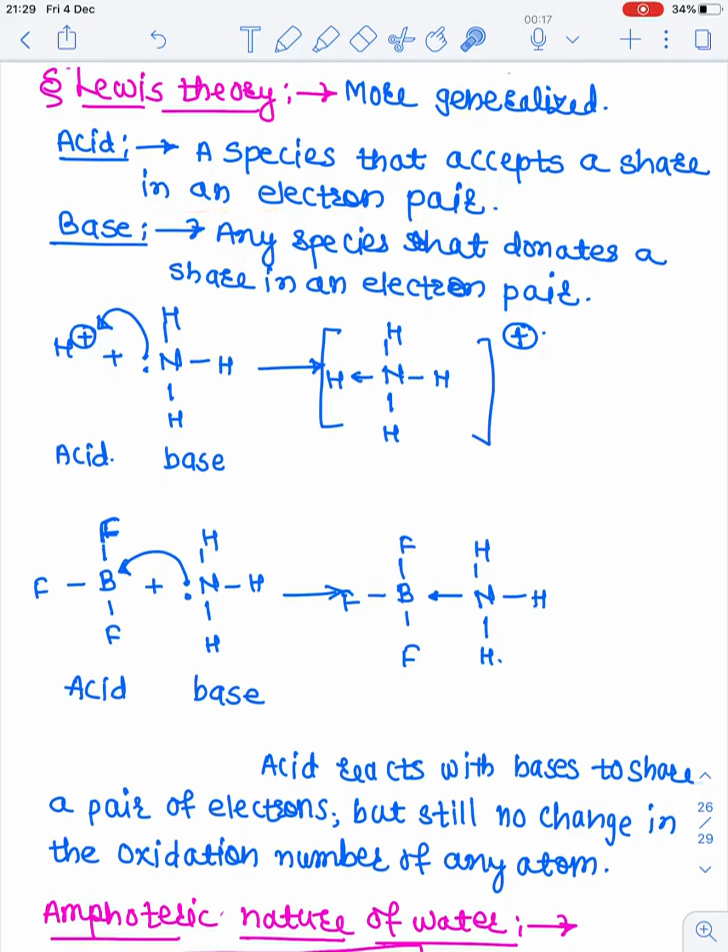A species that accepts a share in an electron pair is an acid according to the Lewis theory. And considering a base, any species that donates a share in an electron pair is a base. So here we will see an example.